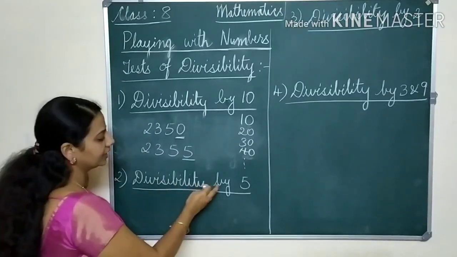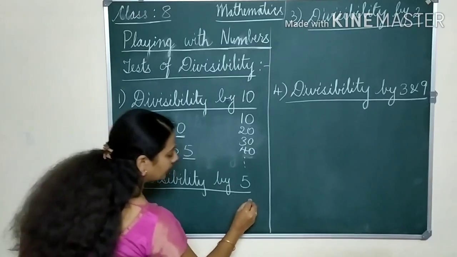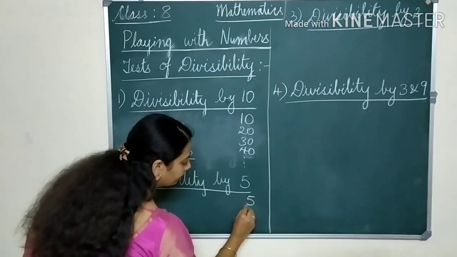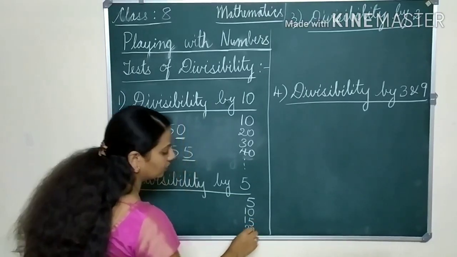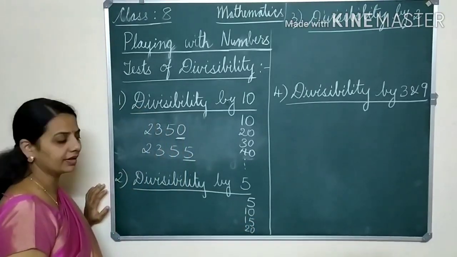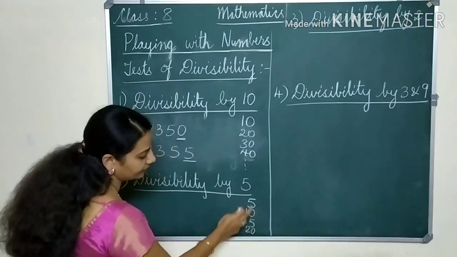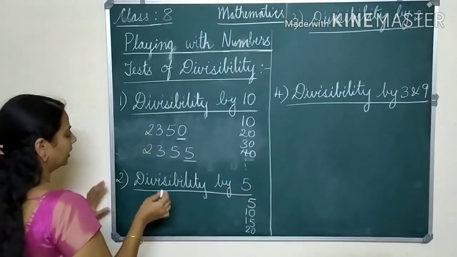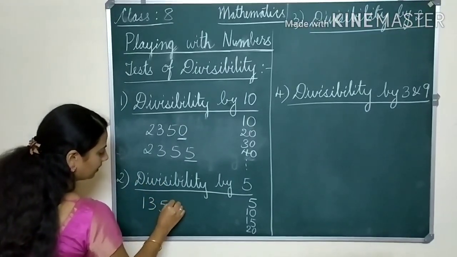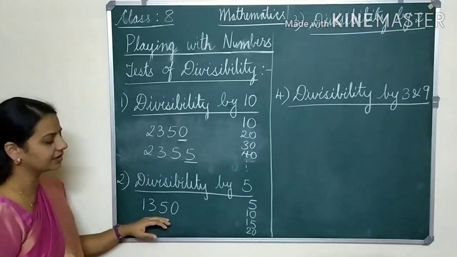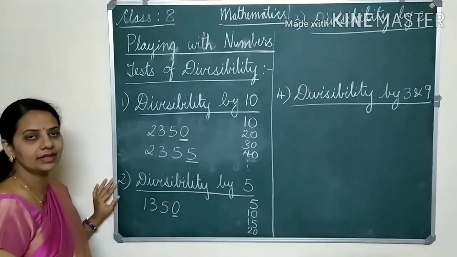Now coming to divisibility by 5. In this case, the multiples of 5 are 5, 10, 15, 20, it goes on. Everybody knows the 5 times table, right? So here the last digit is 5 or 0. Any number, for example, say 1350, here the last digit is 0, so it is divisible by 5.